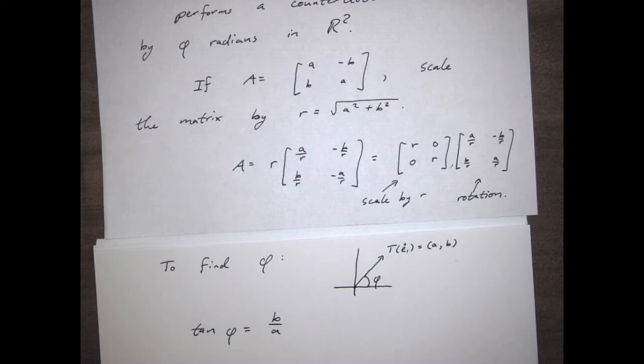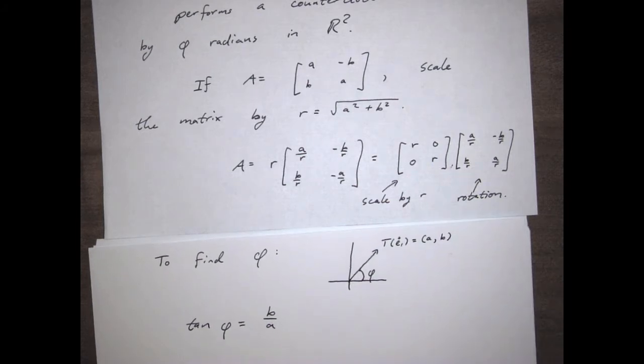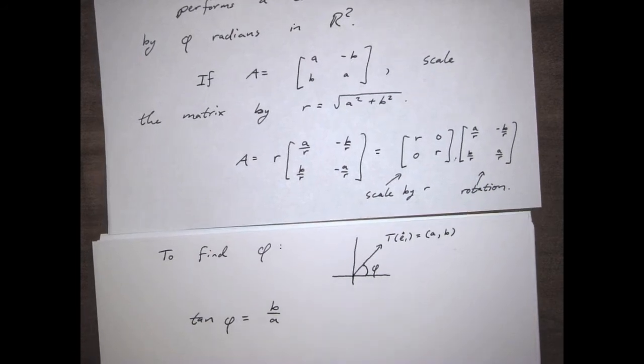Now, the problem with this is that if we're assuming that the scaling is always going to be by a positive amount, not a negative amount, then we may have to make an adjustment to the inverse tangent in order to get it to the right quadrant.